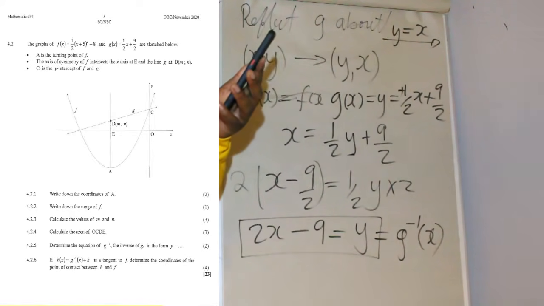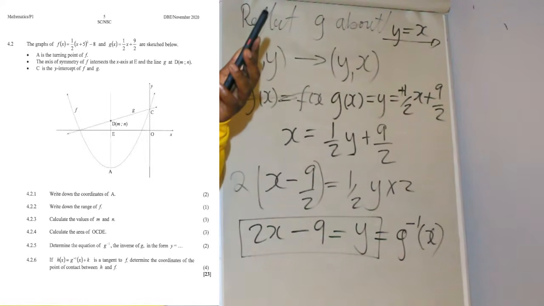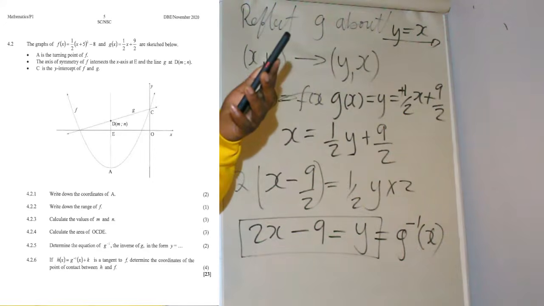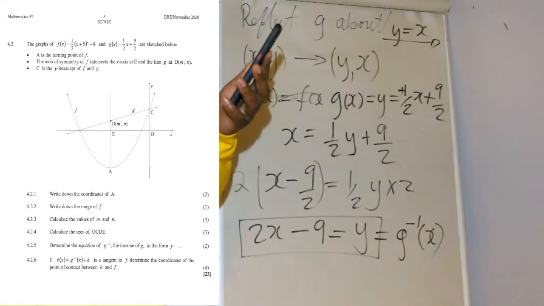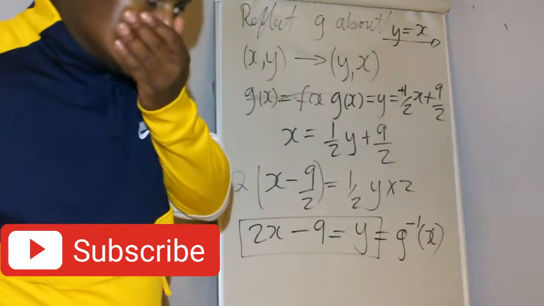So, the next question reads as follows. If h of x is equal to the inverse of g plus k is a tangent of our function, determine our function f, determine the coordinates of the point of contact between h and f.